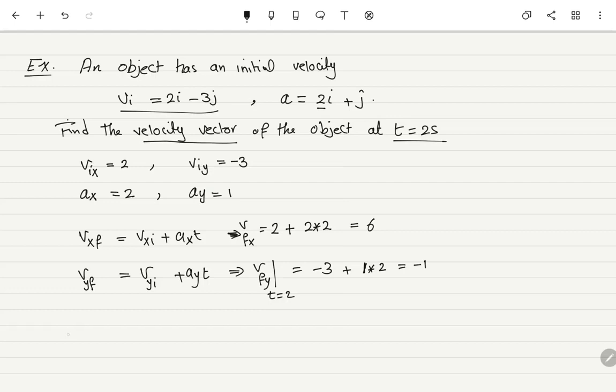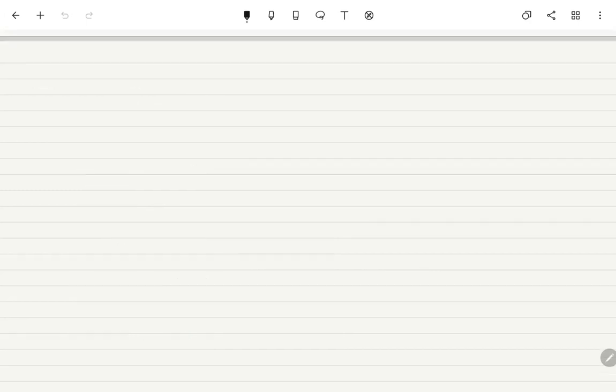So the velocity vector v when t equals 2 is 6i minus j. All we mentioned so far is motion in the xy plane, where both x and y are in the horizontal direction, parallel to the surface of the earth.